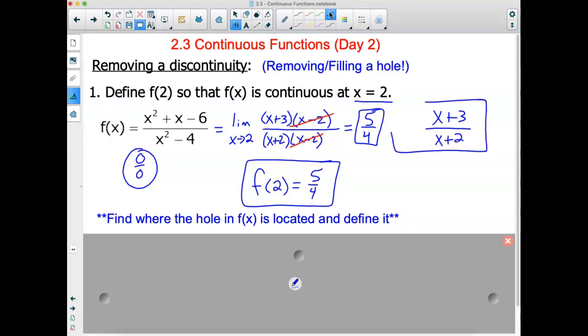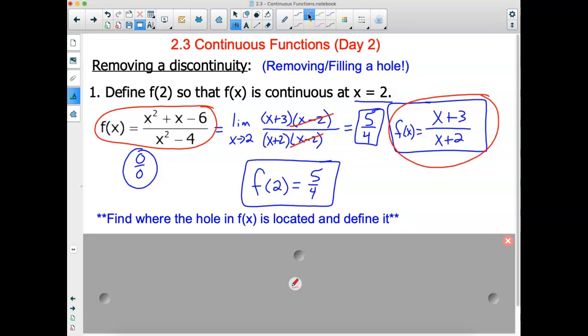If that is my f of x function now, I just redefined the entire function, and the graph of this function and this function are identical to each other, okay? The only difference is f of 2 is defined over here, and it gives me 0 over 0 over here. So f of 2, when I find it, is defined as 5/4. So basically, this is what they are looking for.